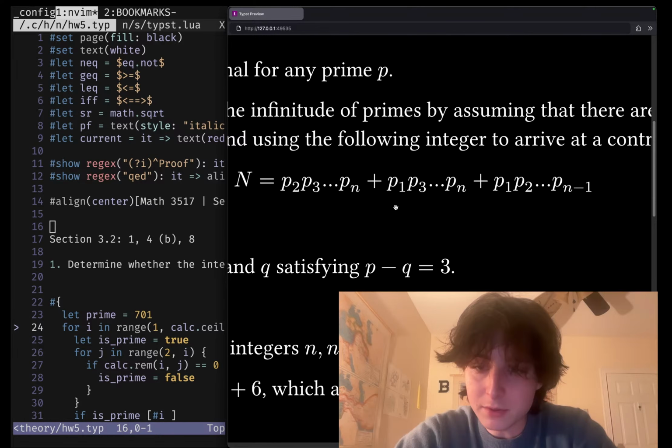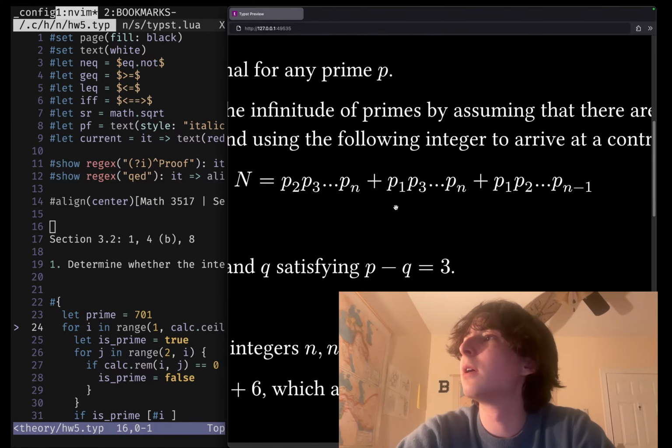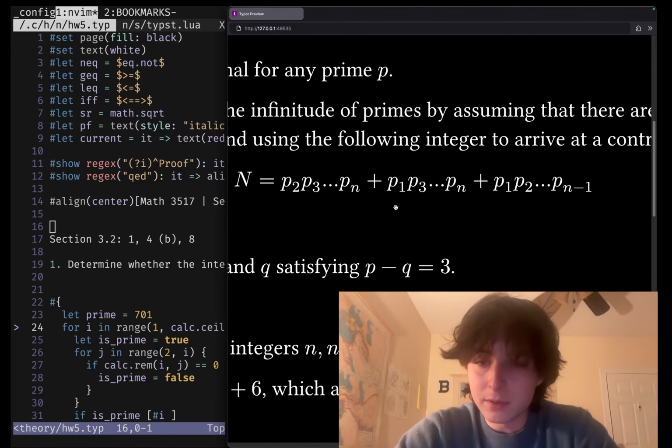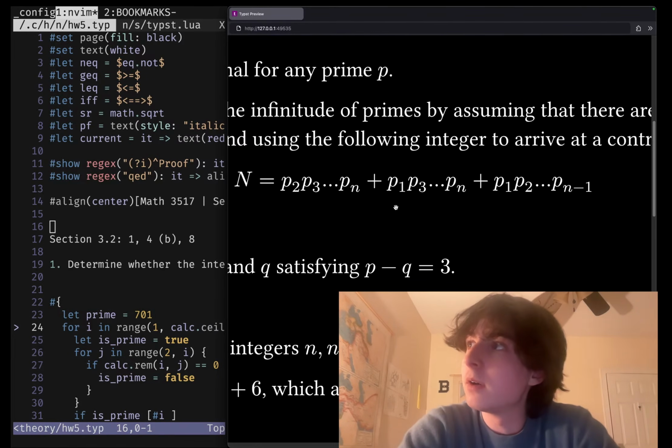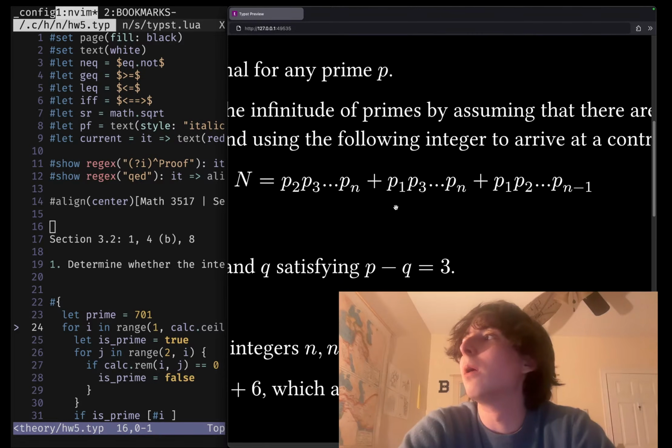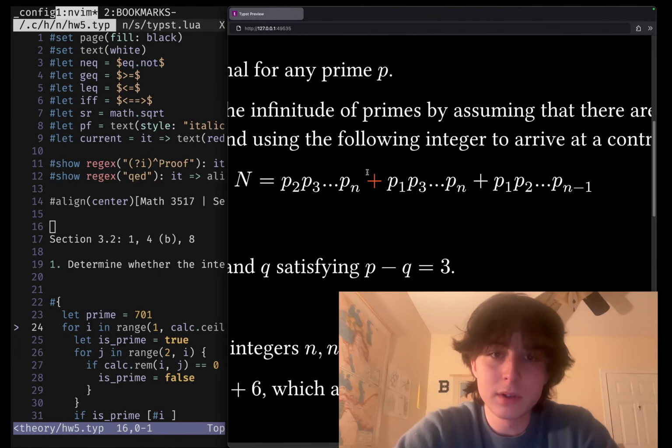Every sum end is just the product of P1 through Pn, excluding Pi. It's just the product of P1. Oh, I got you. Did I write the question wrong?